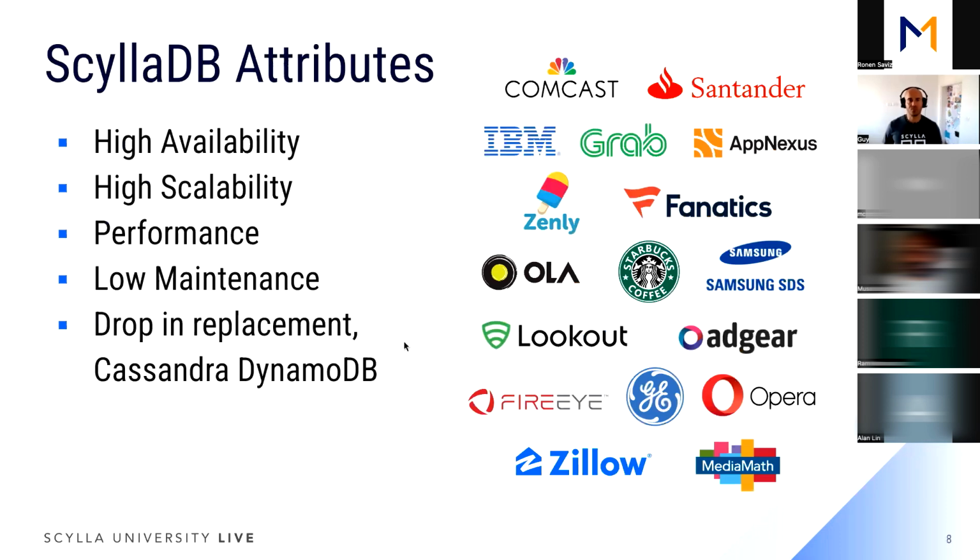Great, so maybe a few words about ScyllaDB. We have some companies that are our customers that you probably heard about. You can look at the logos, I don't need to read them. Some of the attributes of ScyllaDB. So I'll start with the last point maybe, which I just mentioned, and ScyllaDB is a drop-in replacement for Cassandra and for Amazon DynamoDB.